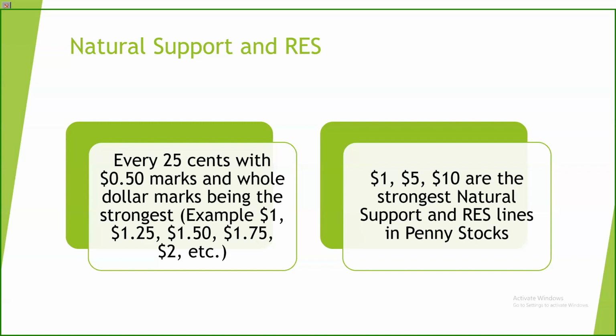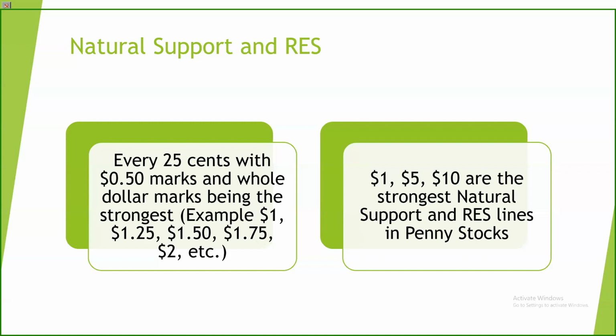But we need to understand that the 50-cent marks, such as $1.50, $2.50, $3.50, $4.50, $5.50, and the whole numbers 1, 2, 3, 4, 5 are going to be stronger than $1.25, $1.75, $2.25, $2.75. The 50-cent marks and the whole dollar marks are going to be stronger resistance and stronger support where the stock can bounce.